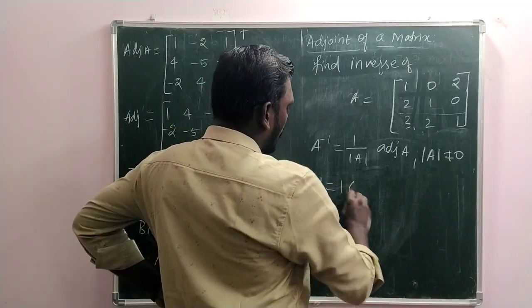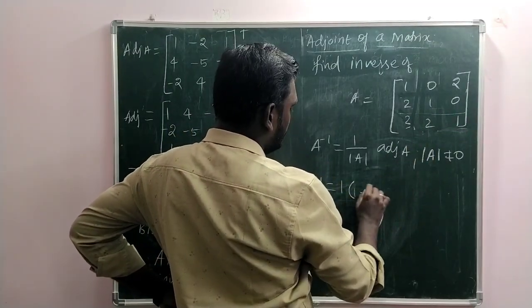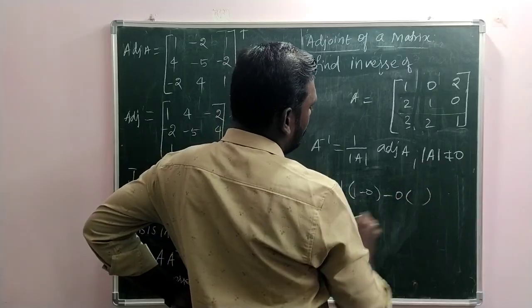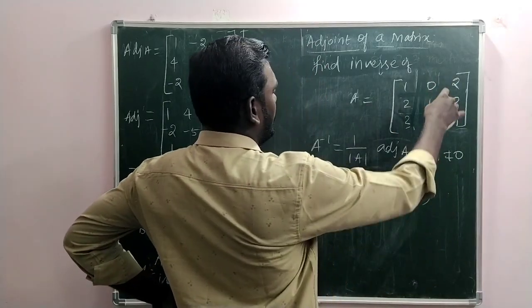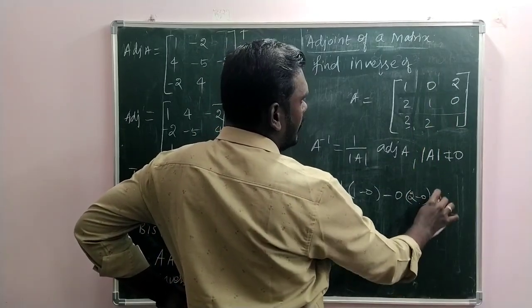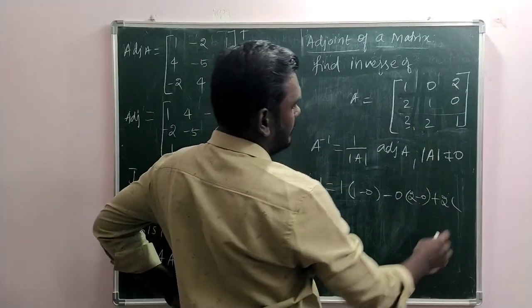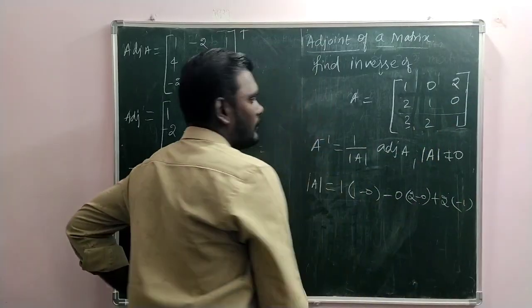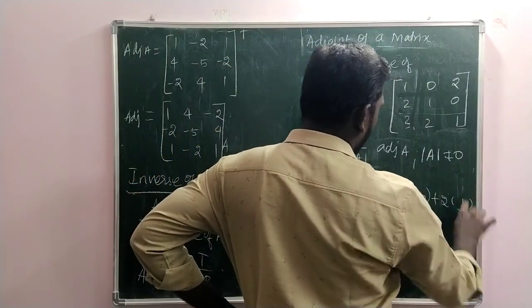It is 1 into the minor, that is 1 minus 0, minus 0 into whatever, it is 0 only. Better we'll write 0 into 2 minus 0, and then plus 2 into, this is 2 minus 3, which is minus 1. Oh, sorry, 4 minus 3, which is 1.